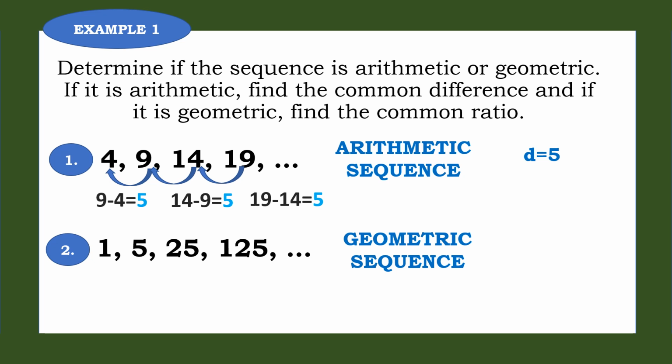Now let us try to determine the common ratio by dividing: 5 divided by 1 is equal to 5, 25 divided by 5 is equal to 5 also, and 125 divided by 25 is also equal to 5. So it means that the common ratio is equal to positive 5.